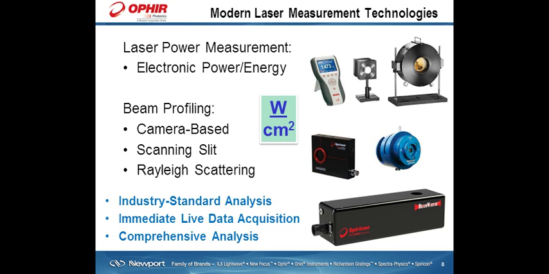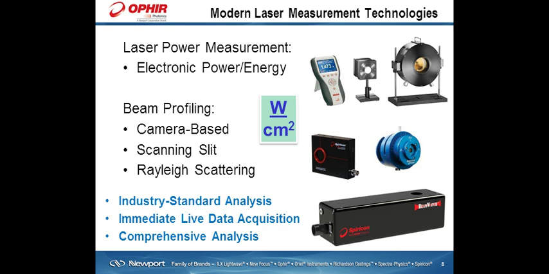When we're talking about laser power or energy measurement, electronic laser power energy measurement is really going to be the way to paint the most complete picture of how your laser is performing. So not only at the beam on time, but several seconds or even several minutes after your laser is on, there might be some changes between those 2 points in time. And electronic data measurement is really going to be the way to give you that information.